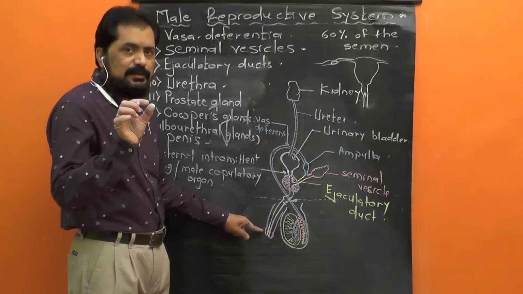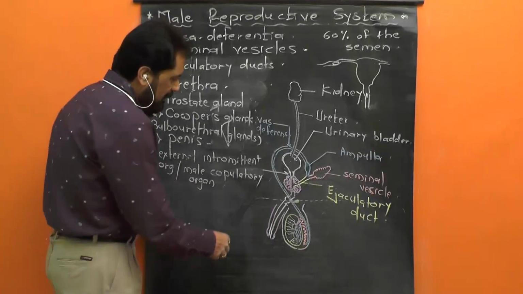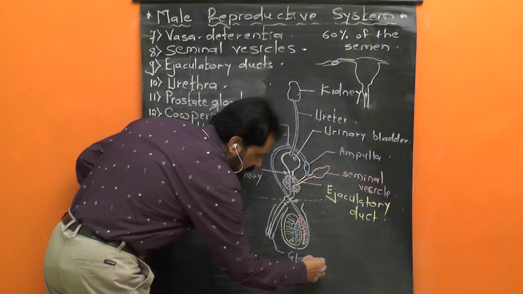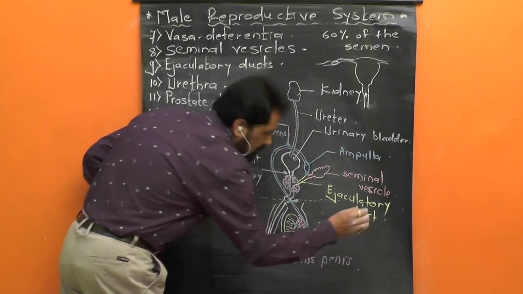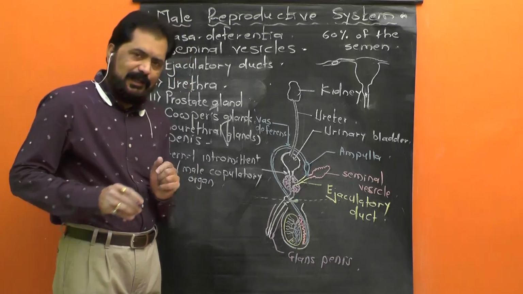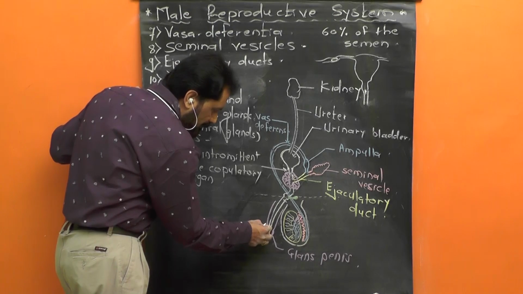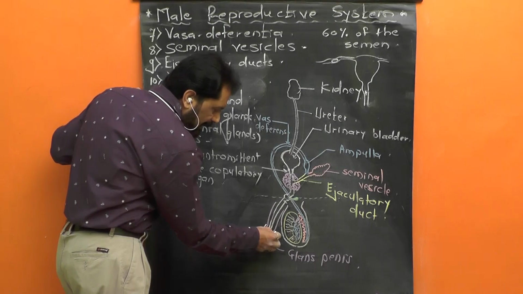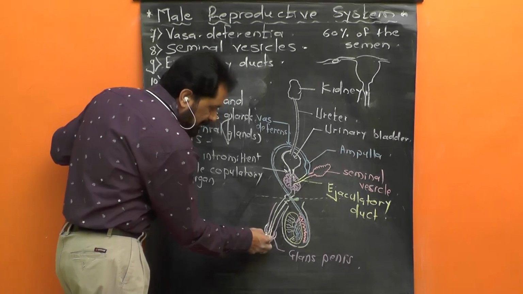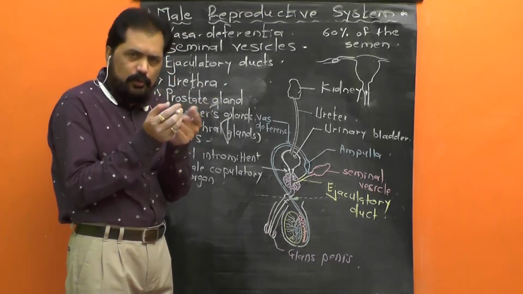Now the tip of the penis appears slightly swollen, and the swollen tip of the penis is known as the glans penis. The glans penis is covered by a retractable fold of skin, or we can say a loose fold of skin.